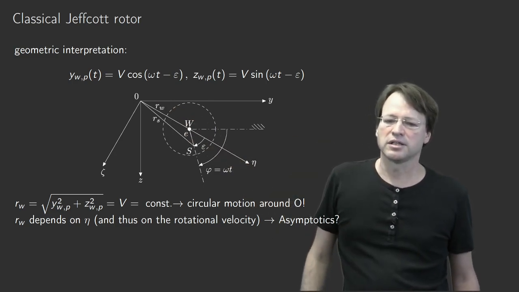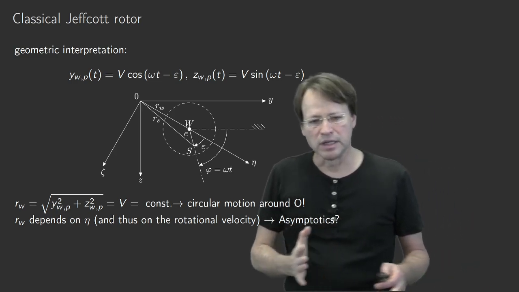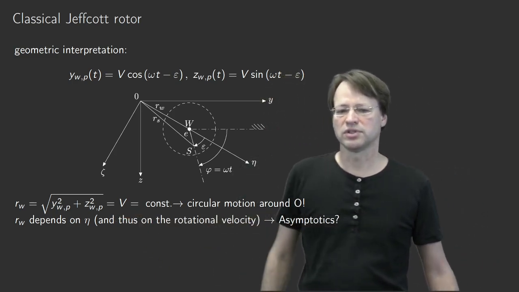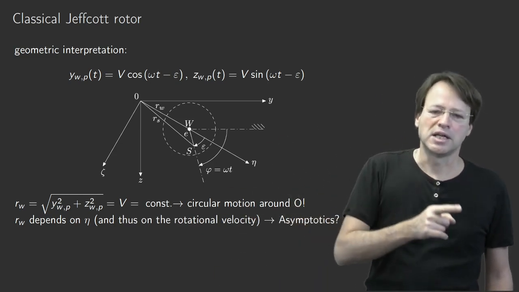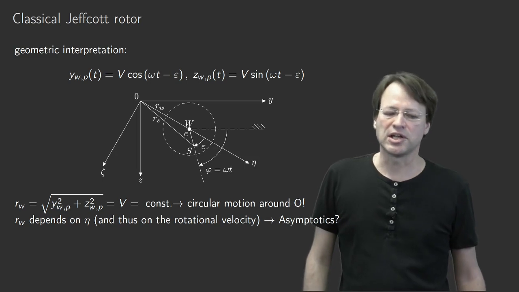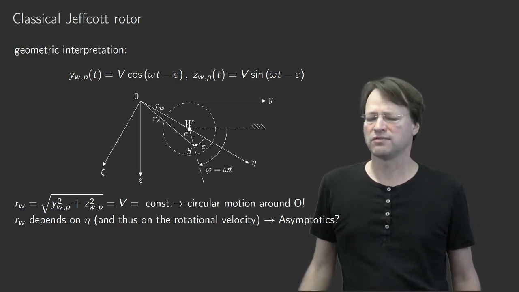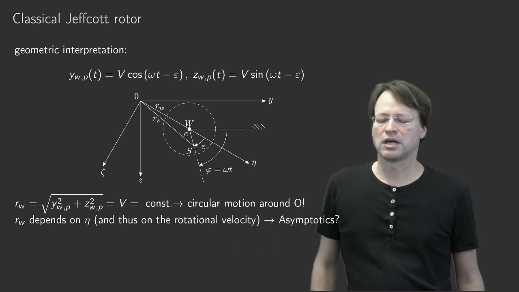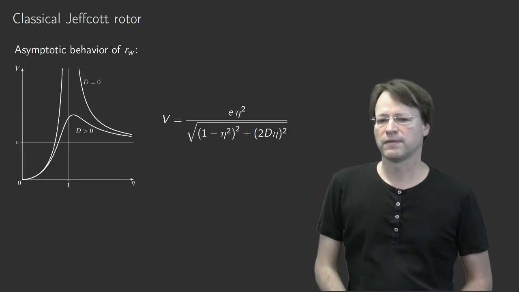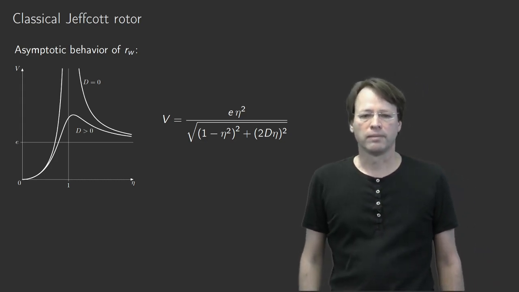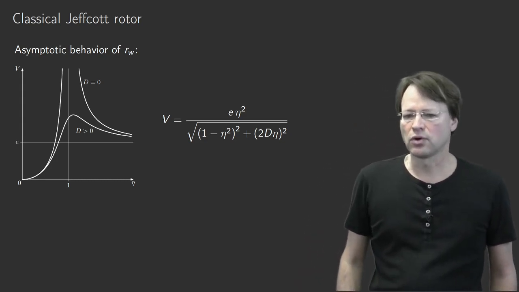Asymptotics means we are asking for very, very low rotational velocities, so eta close to 0, and very, very large rotational velocities, high-speed rotors, where eta tends to infinity or becomes very, very large. Well, for this to discuss, I will plot the magnification factor. You can see it here. It's the classical result you saw in Engineering Mechanics 4.